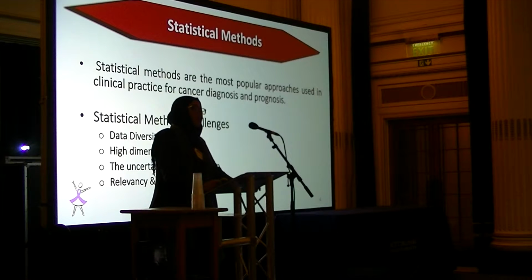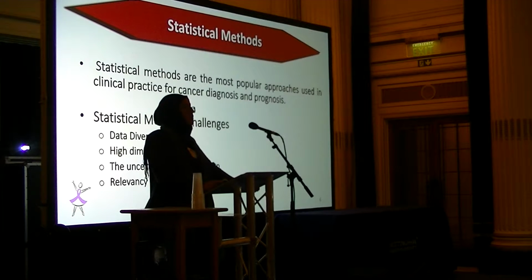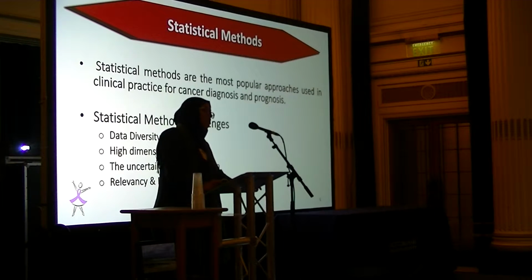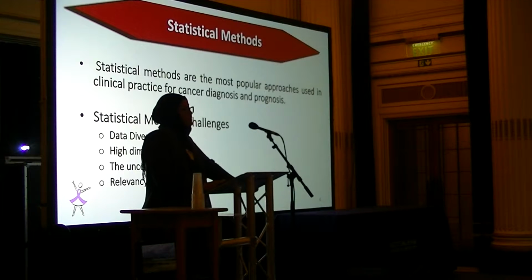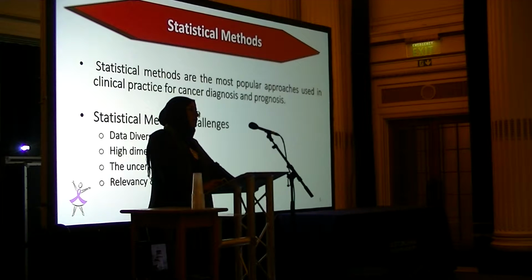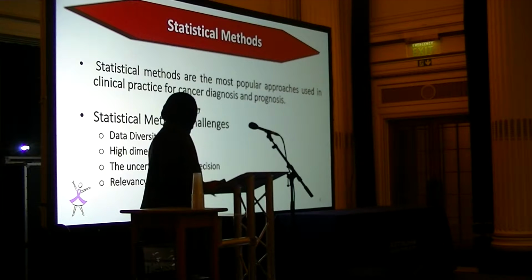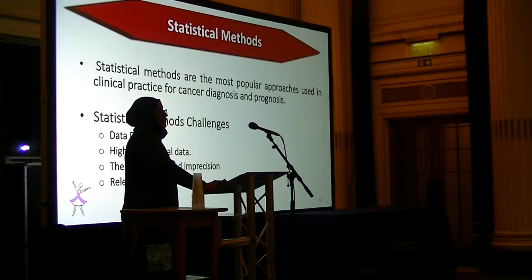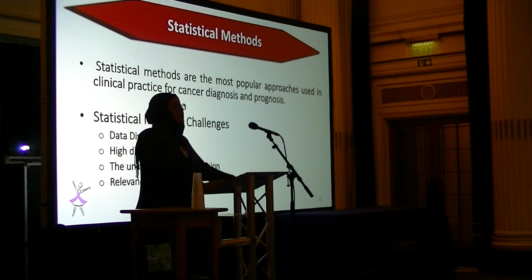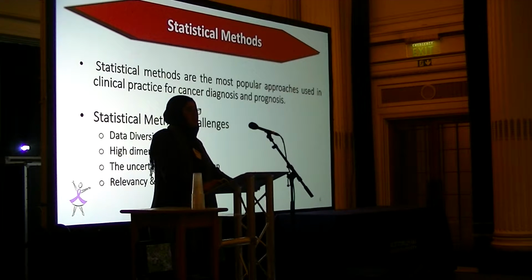Now let's have a look at how breast cancer is diagnosed. Statistical methods are the most popular approach used in clinical practice for cancer diagnosis and prognosis. However, it's a challenging task for statistical methods alone to deal with the diversity and dimensionality of the data.